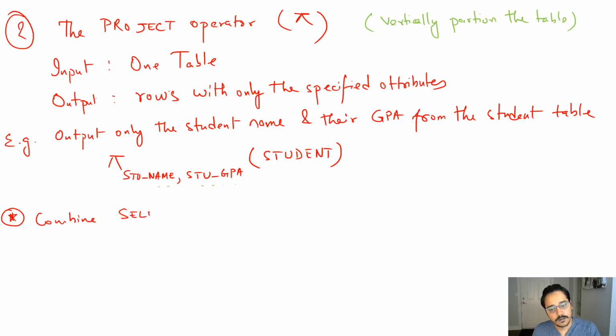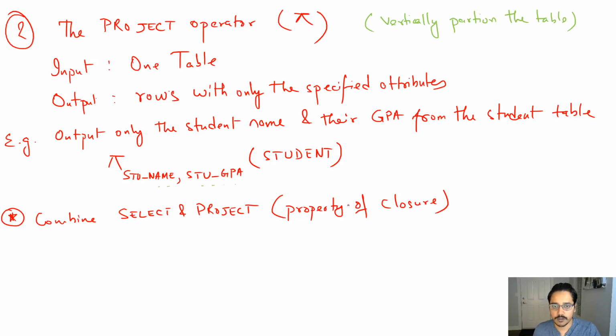So now we can combine select and project together to both vertically and horizontally partition our table, and this is known as the property of closure. That is, you can combine multiple relational operators together in order to get a particular output.